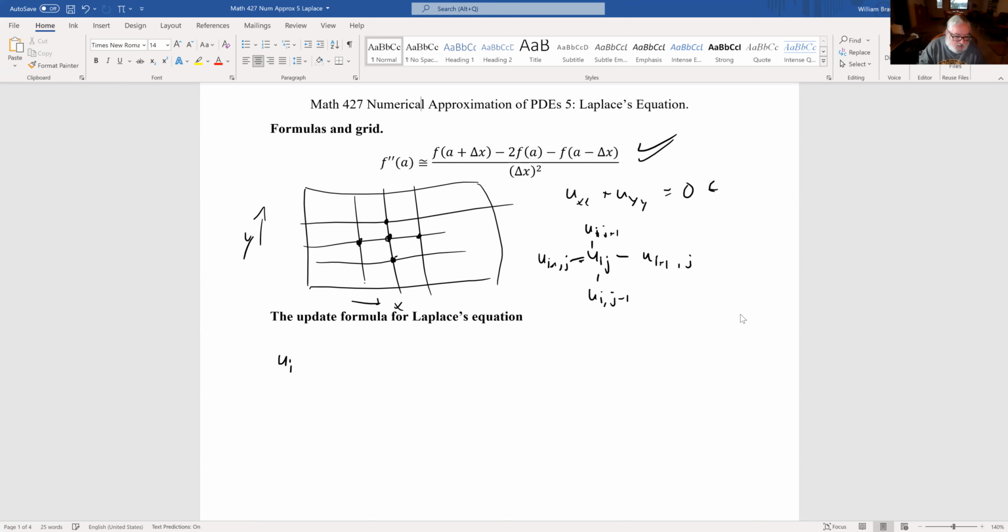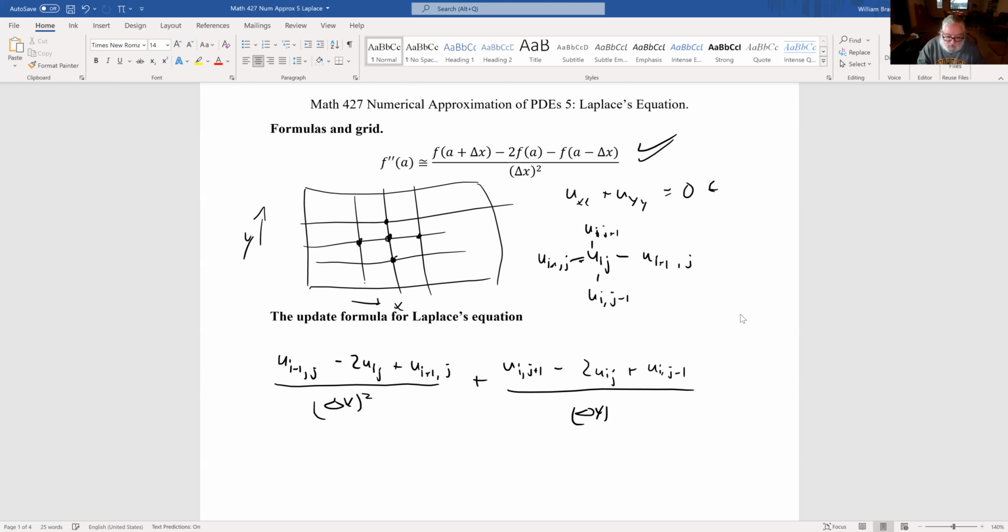So ui minus 1, comma j, minus 2 uij, plus ui plus 1, comma j, all over delta x squared, plus ui, comma j plus 1, minus 2 uij, plus ui, comma j minus 1 over delta y squared equals 0. Right?